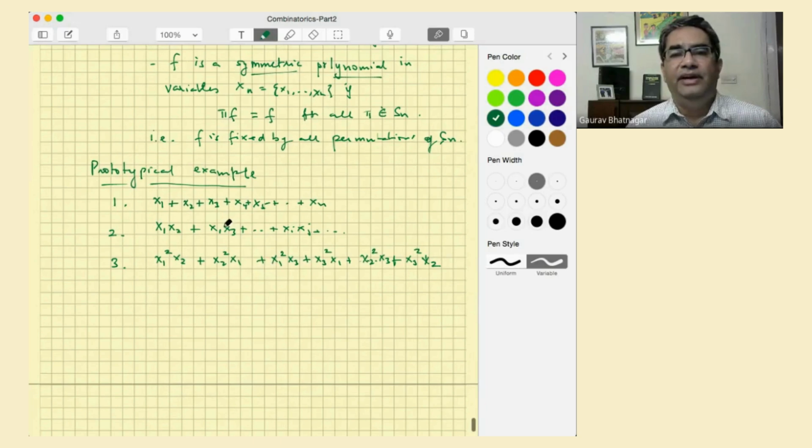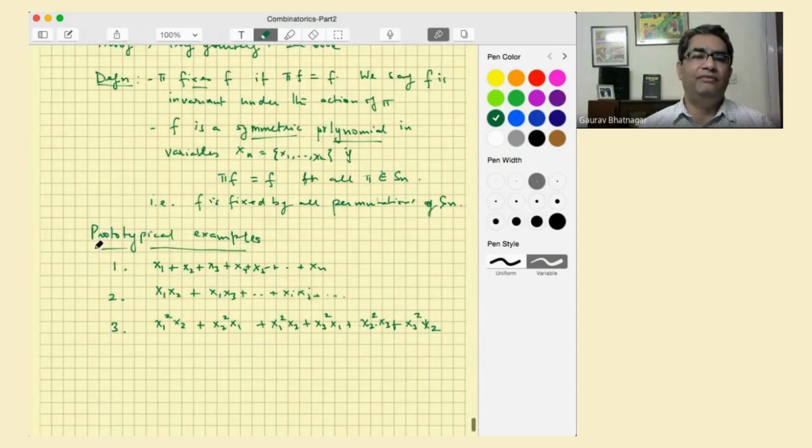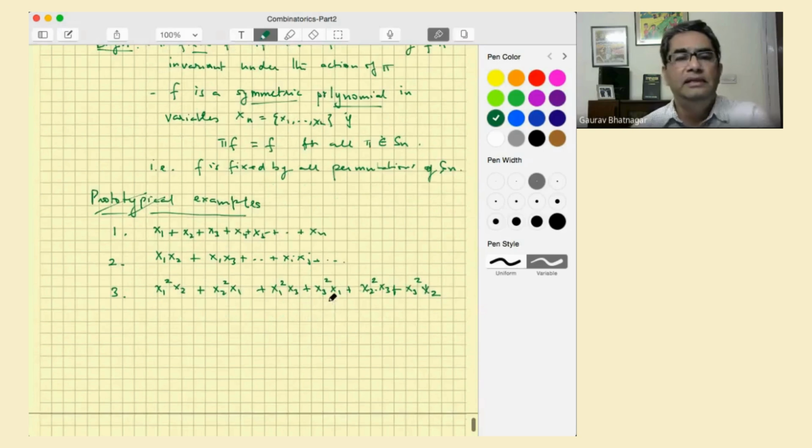So everybody understands what a symmetric function is. Any permutation of n will keep this as it is, right? So some basic examples are here. I won't call them prototypical examples. Well, I have called them, but that's wrong. Basic examples.